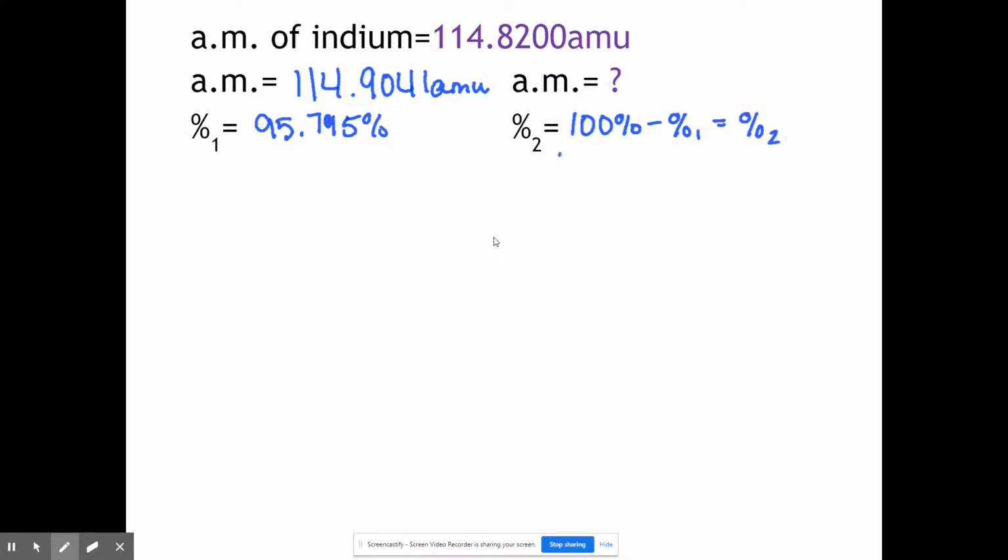Okay? So we have 100 minus 95.795. That will give us our second percent. 100 minus 95.795 equals 4.205%. Now we just have to find out the atomic mass for the second isotope, converting our percentage into decimal places.